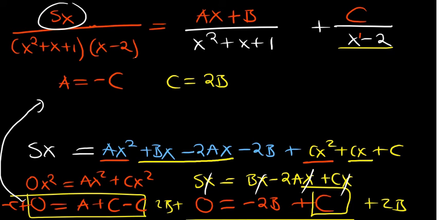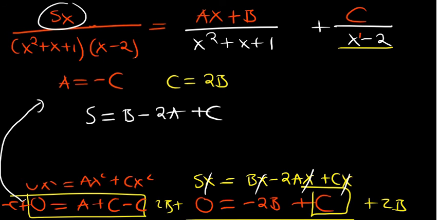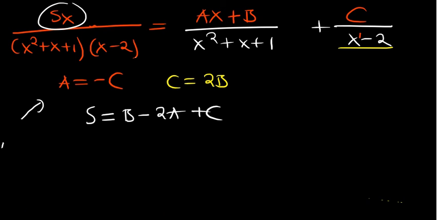So what do we have? We have our 5 being equal to b minus 2a plus c. So how simply can we handle this? We can easily handle this by basically just substituting the parts where we have our c, right?